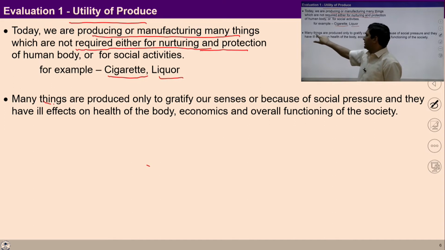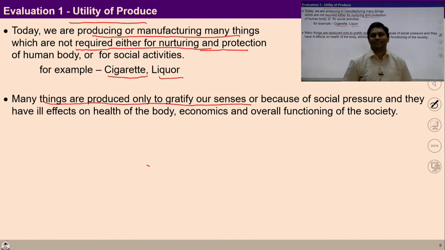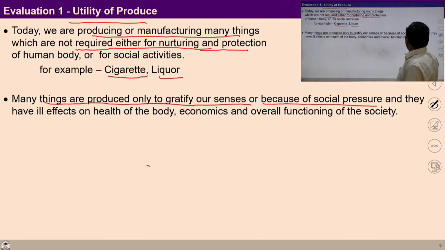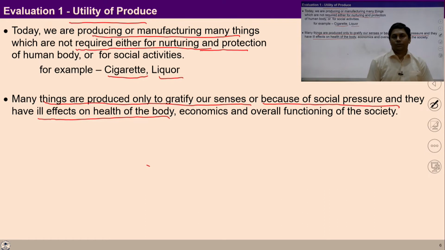Secondly, many things are produced only to gratify our senses or because of social pressure, and they have an ill effect on the health of the body. If you observe today's society, many of the physical facilities are only for gratifying our senses, irrespective of the need of the body.